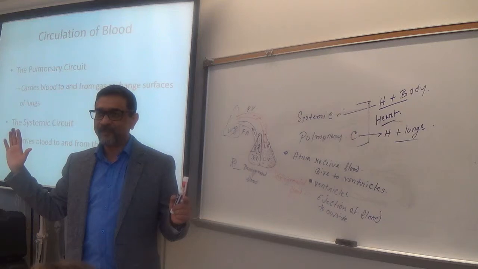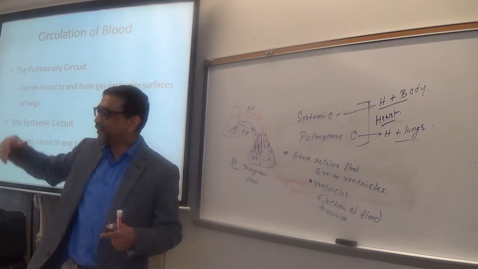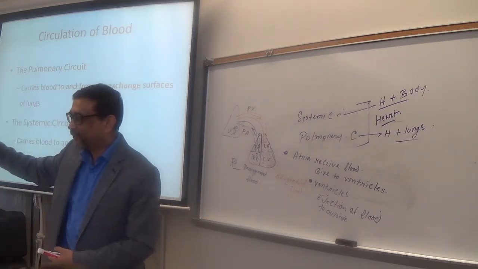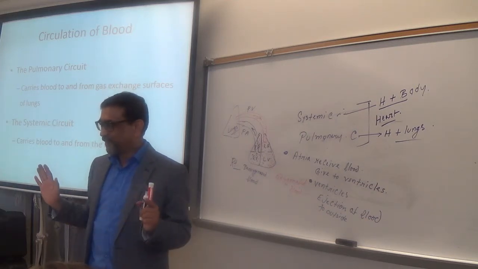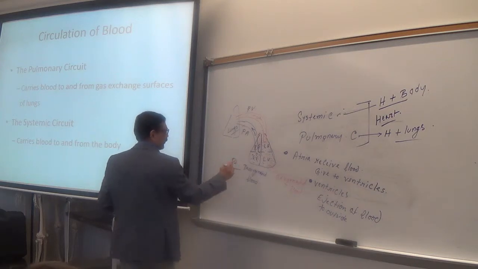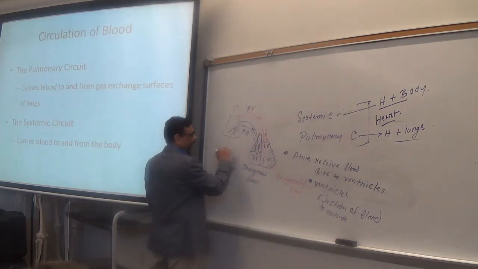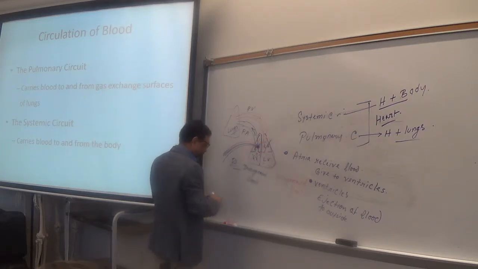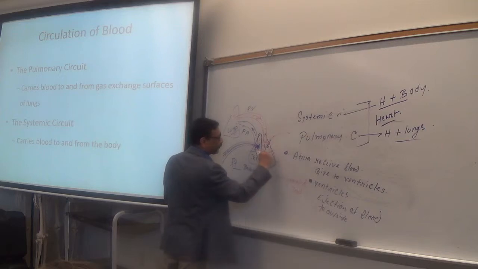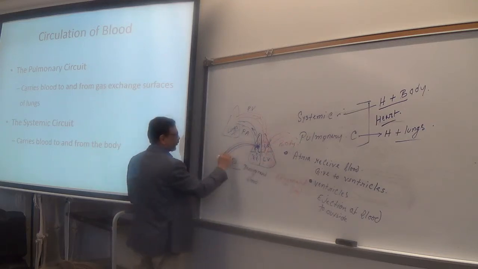Is it clear? So who receives the blood from outside? Atrium. The right atrium will receive from the body. So blood will come into the right atrium from the whole body, deoxygenated blood. From here, it will go to the body, from the body.